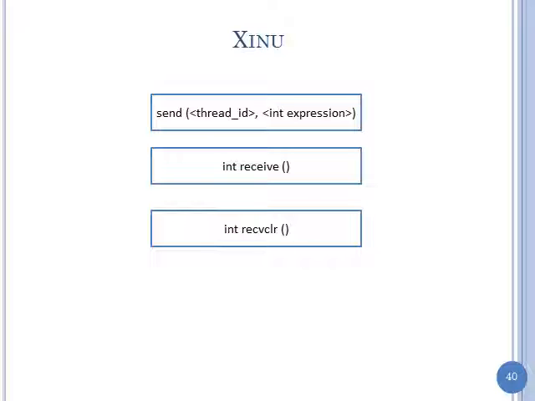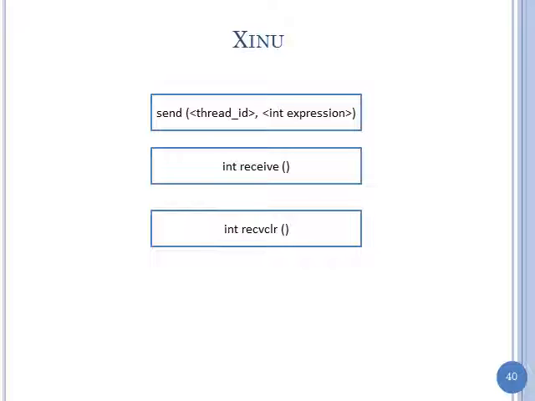So what kind of port do we have here? Is it duplex? No, it's simplex. How many senders do we have and how many receivers do we have? You can have multiple senders to the same one.